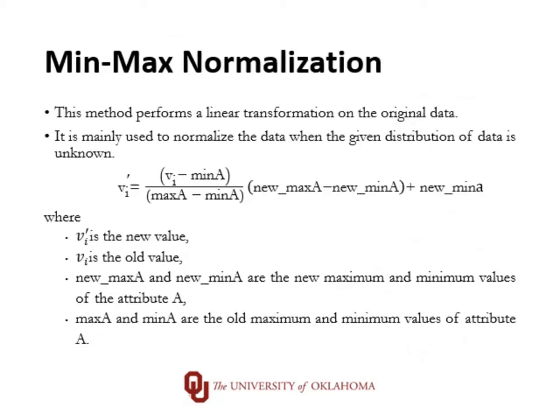The min-max method performs a linear transformation on the original data and rescales the range of the data to 0 and 1. Here is the formula: we first subtract the minimum value from the original value and divide it by maximum minus minimum to get the new value.